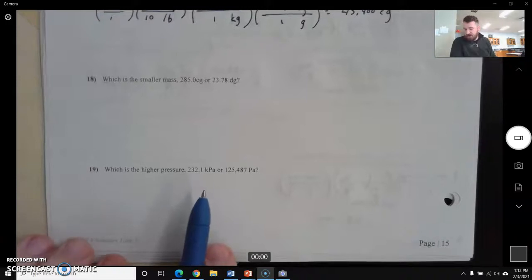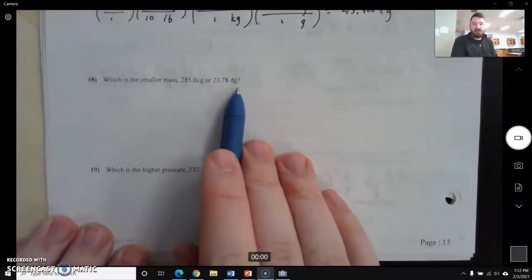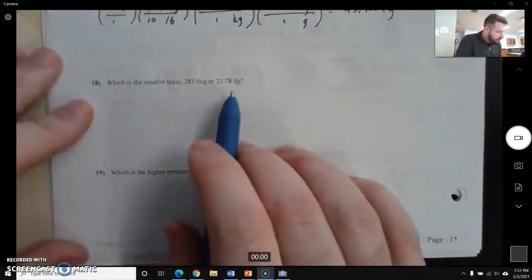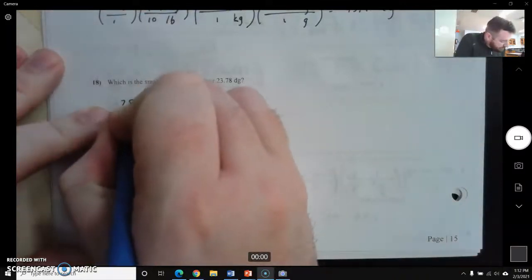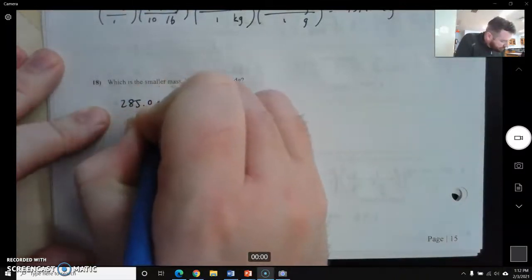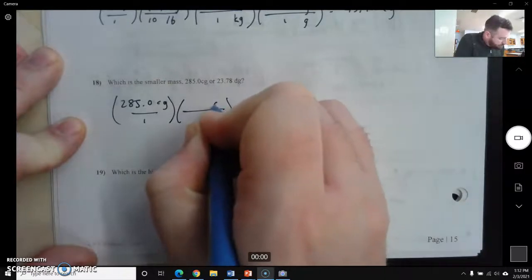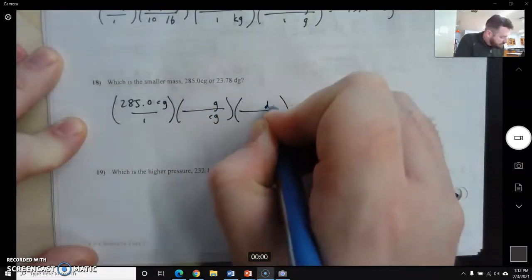All right, so you could choose to either convert centigrams to decigrams or decigrams to centigrams and then compare with your other ones. So let's say I want to convert my centigrams to decigrams. So 285.0 centigrams over 1. We'll go from centigrams to grams, and then grams to decigrams.